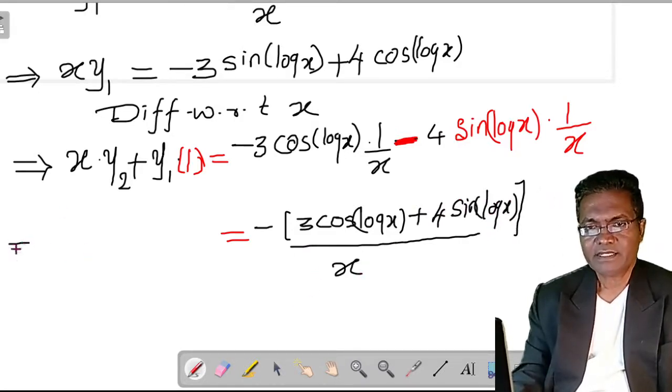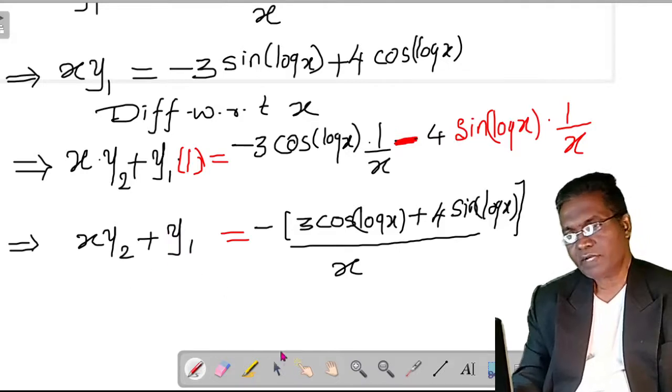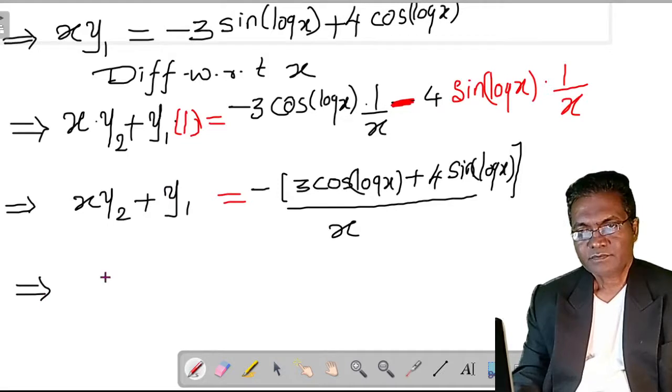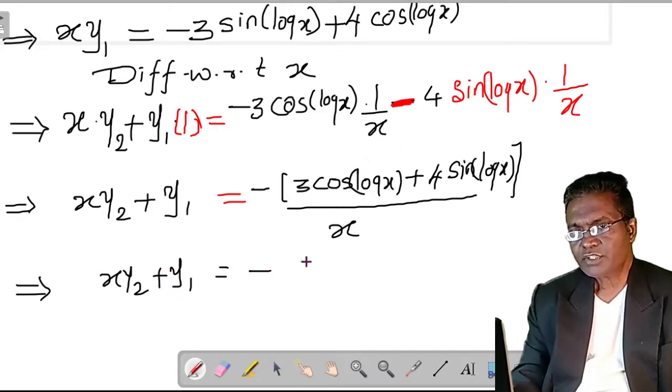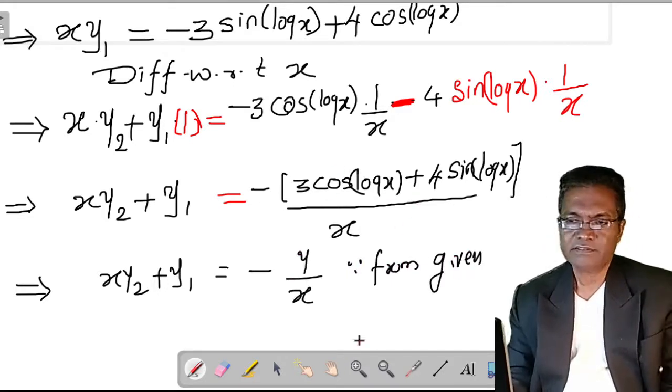And this side it is xy2, y1 into 1 is y1. This is xy2 plus y1 minus, okay, this is your original given function, so I can write it as y, because from the given, this is your y.